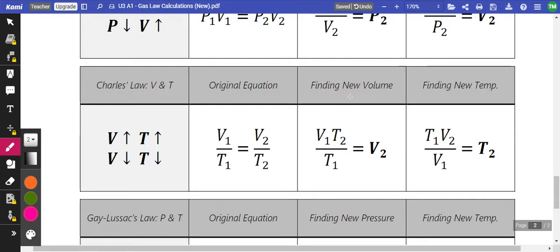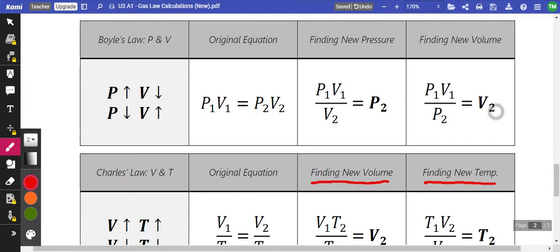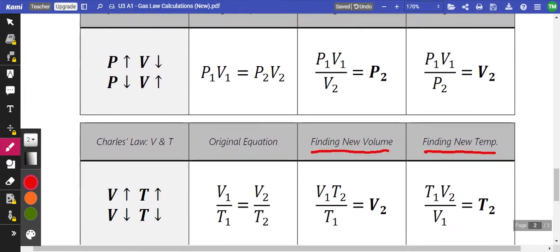If I'm using Charles' law and I want to find what the new volume of the gas is going to be after a change in temperature or volume has happened, I can find the new volume with this rearranged equation from this original here. Or I can find the new temperature by using this version here. Just to be clear, P stands for pressure, V stands for volume, and T stands for temperature.